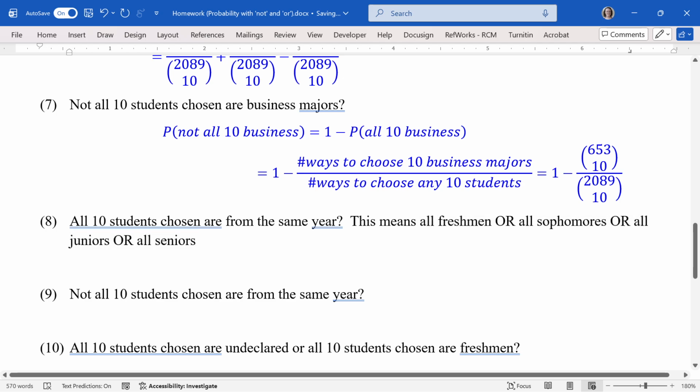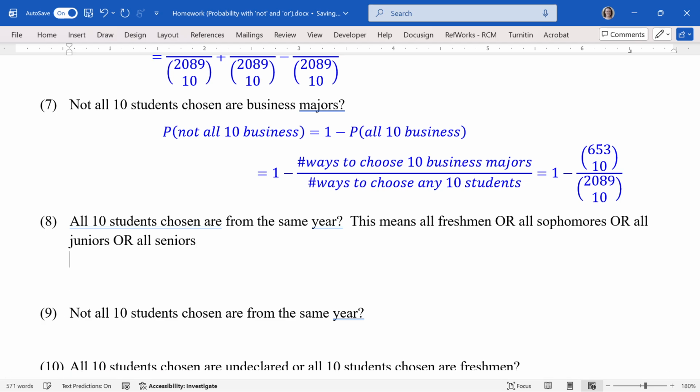So are these mutually exclusive events? Could we possibly choose 10 students and then find out that they are all freshmen and all sophomores? No. Every student is only 1 year, so only one of these 4 things could possibly happen. None of them can happen at the same time.